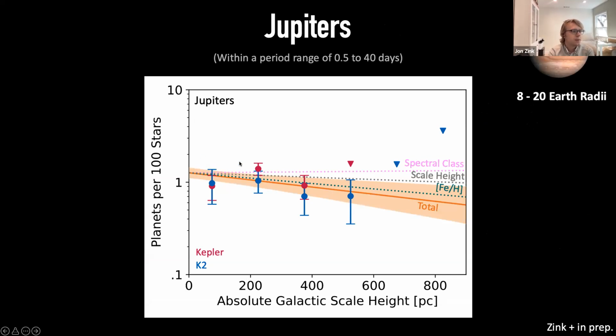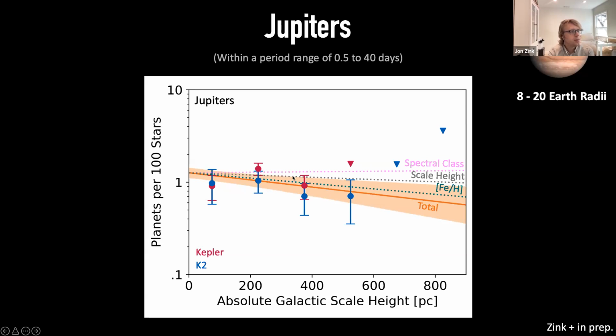It looks like there is a minor downward trend in planet occurrence. But you have to think back and ask: are we actually seeing a trend that is dependent on galactic location, or are we just seeing some effect caused by reduced metallicity as you move away from the midplane, or the more massive spectral class that you're seeing as you move away due to observational constraints?